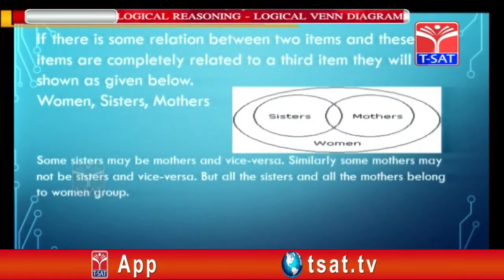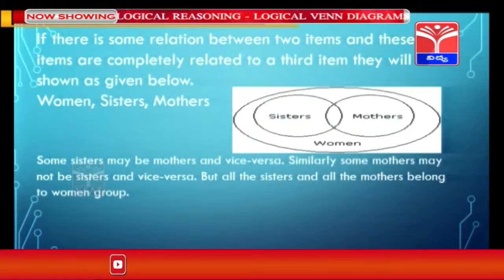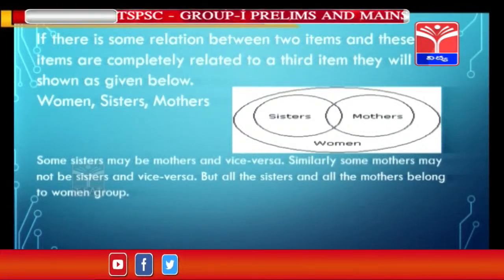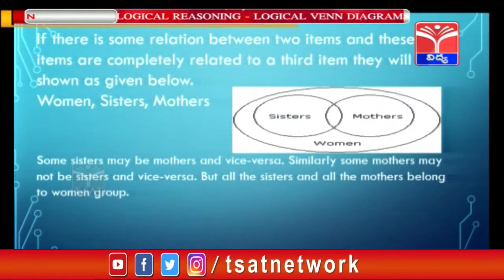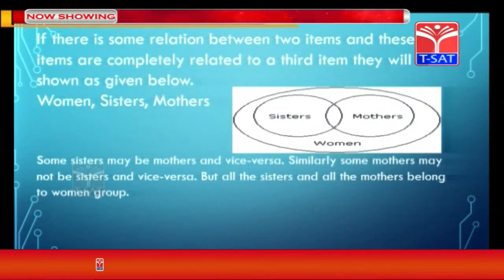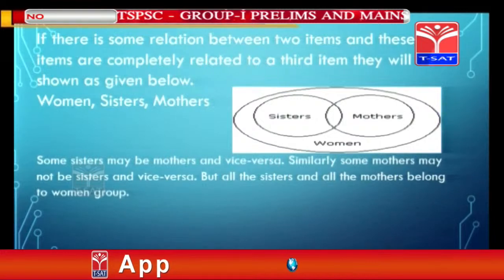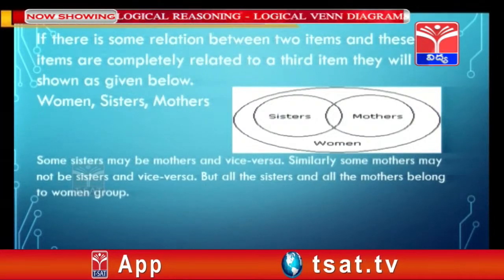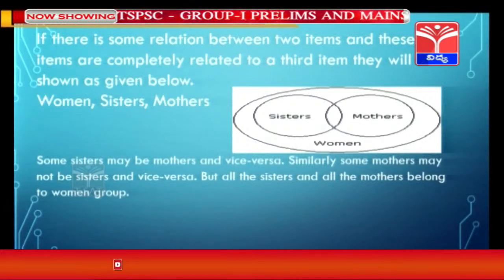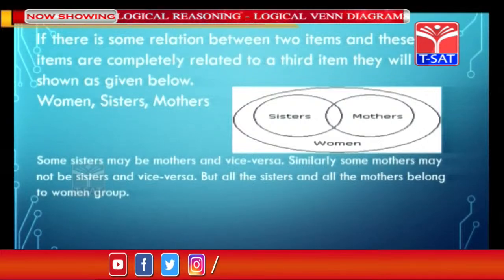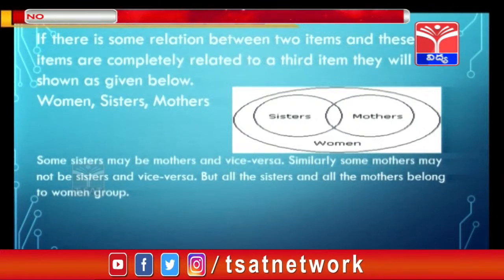Here some sisters may be mothers, and some mothers may be sisters. There is a common part between sisters and mothers; they are not totally disjoint. When you represent them with sets, some part is common to sisters and mothers, but basically these two are women.